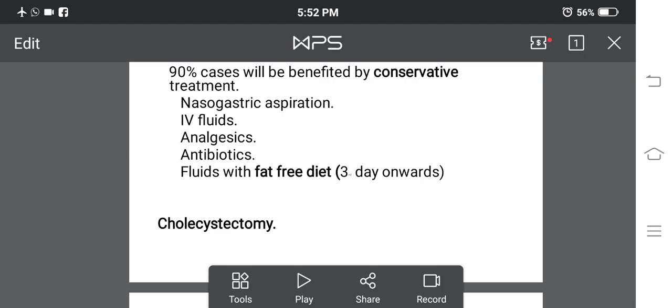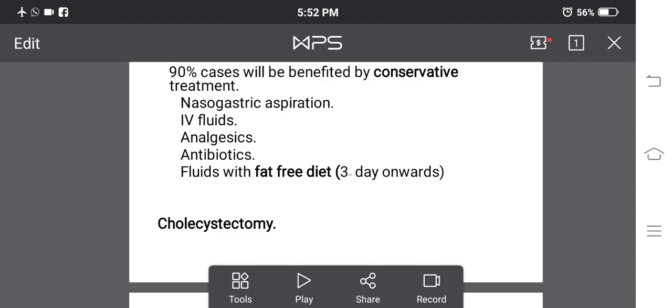This cholelithiasis or gallstones can be asked as a long question for 20 marks, and a short note can be asked on acute calculus cholecystitis.